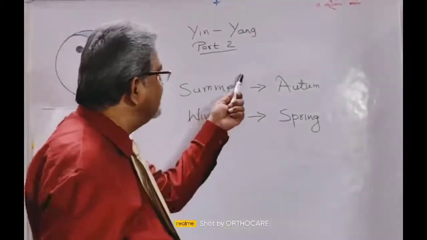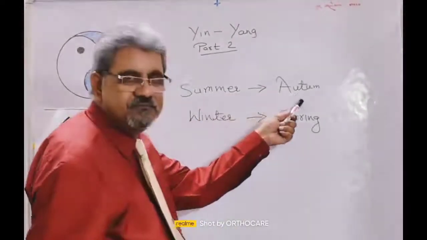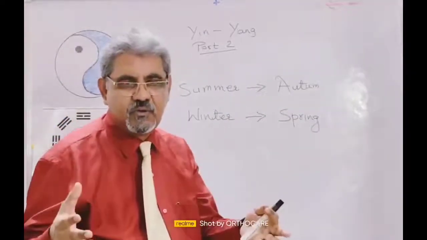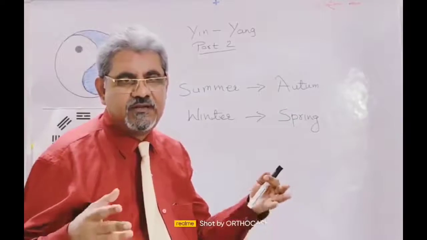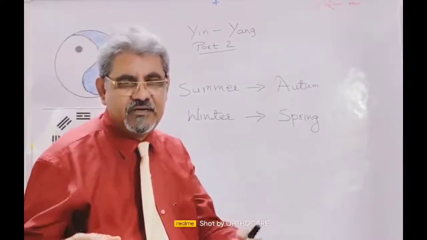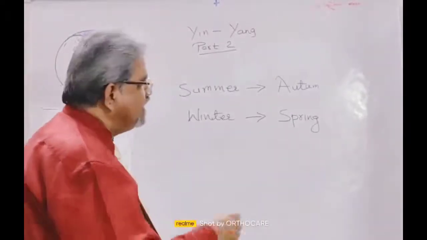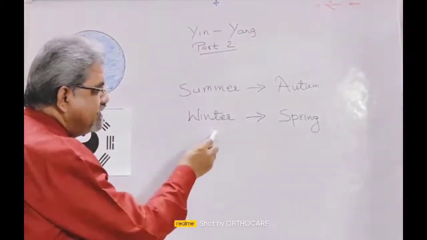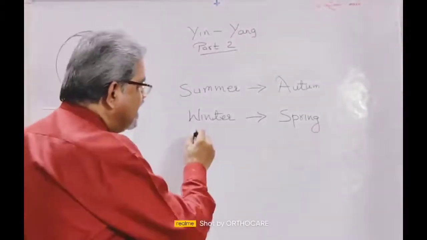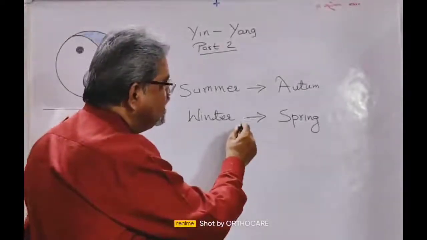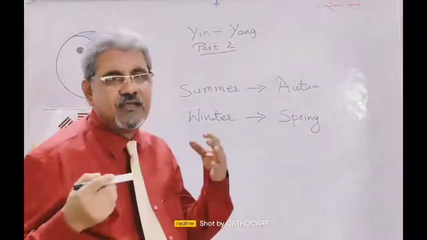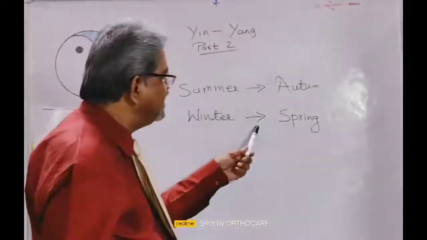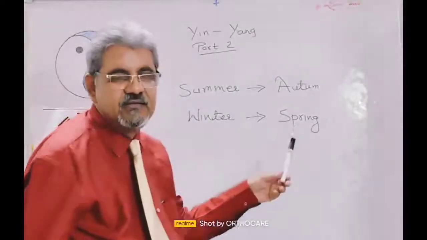Then the neutral part comes in autumn, where slowly the atmosphere becomes cold, the leaves start falling down, and then ultimately there is snowfall and there is winter. And after the winter, slowly the yin is being consumed by yang and the spring season starts.